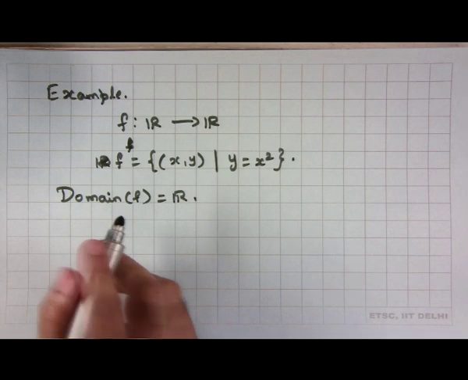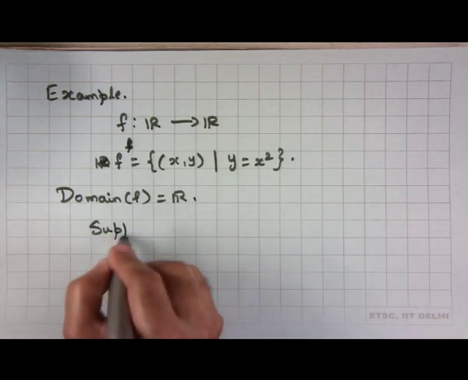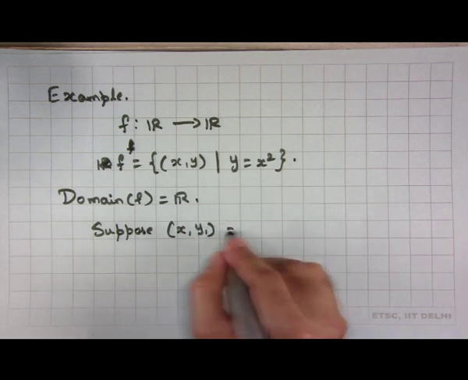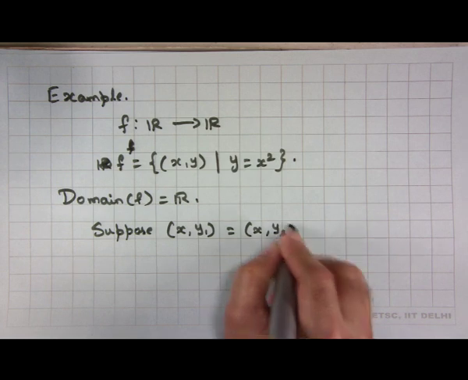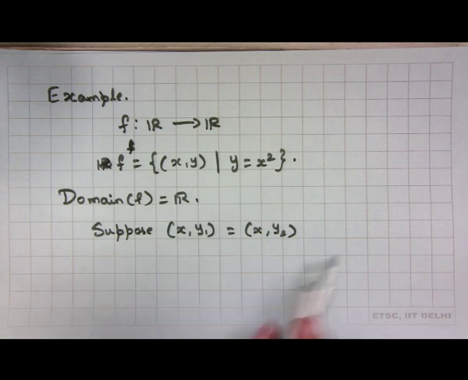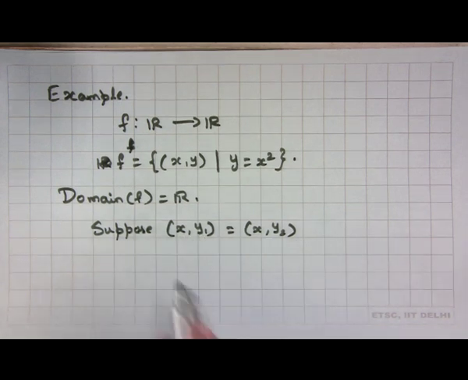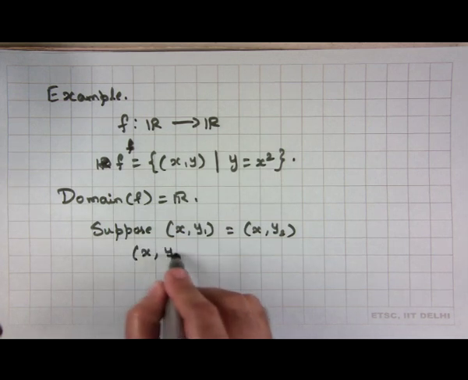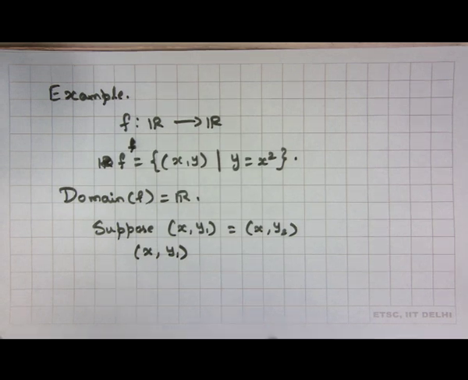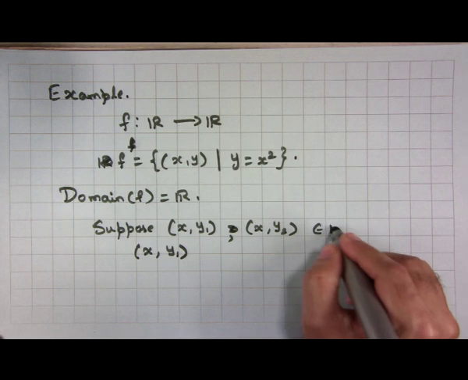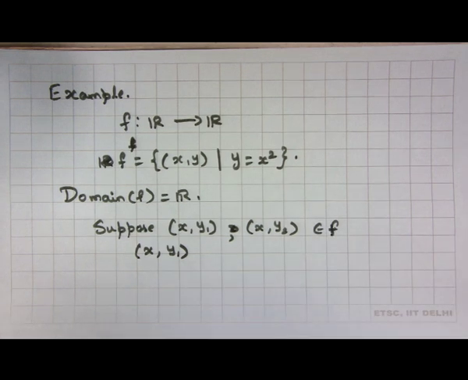Now, again the second one. Suppose that (x, y1) and (x, y2), for a fixed x, you have y1 and y2. Now, both the pairs (x, y1) and (x, y2) belong to f.